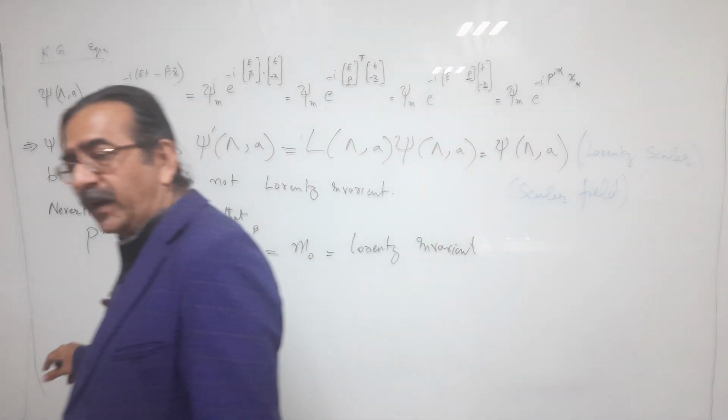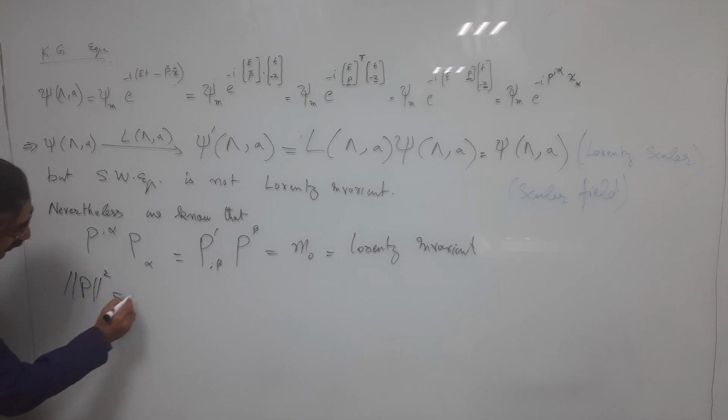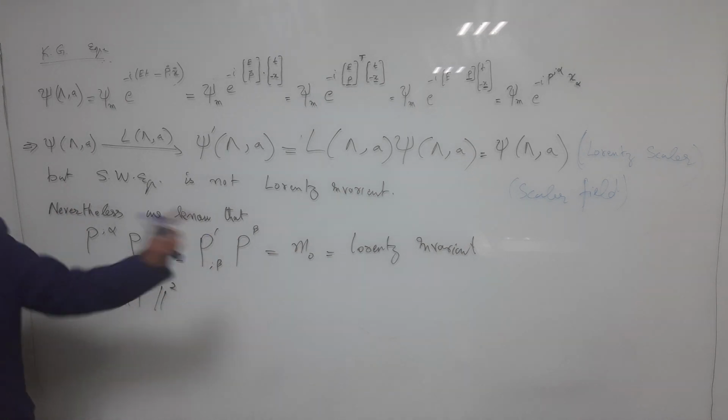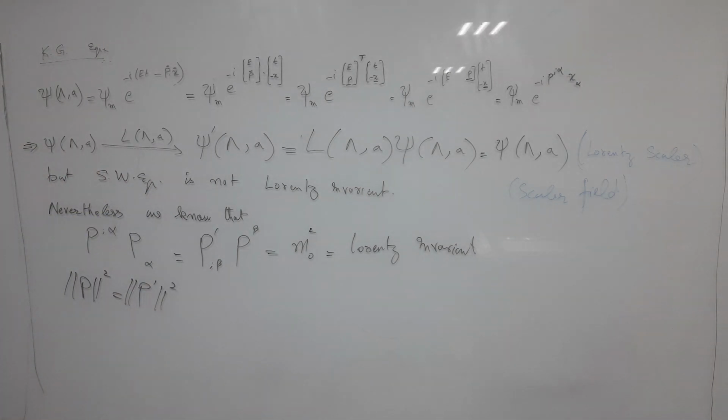In the first lecture on advanced quantum mechanics I stated that P square is equal to P dash square, and that is equal to M naught square.